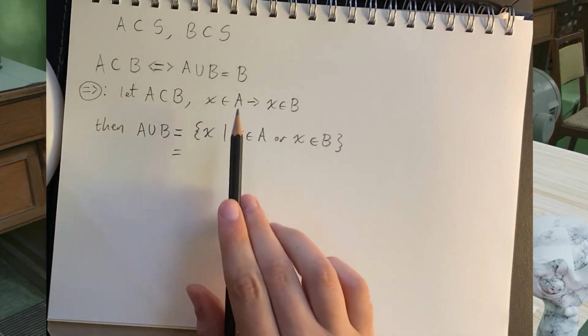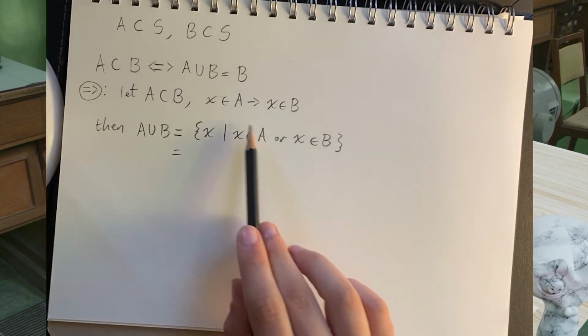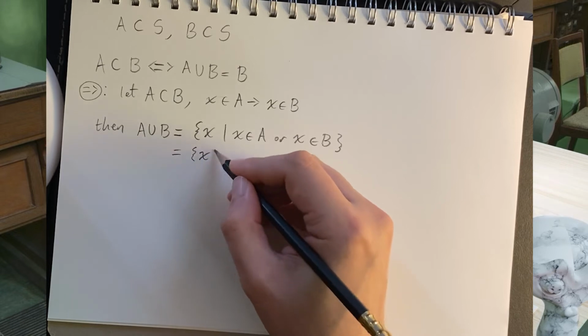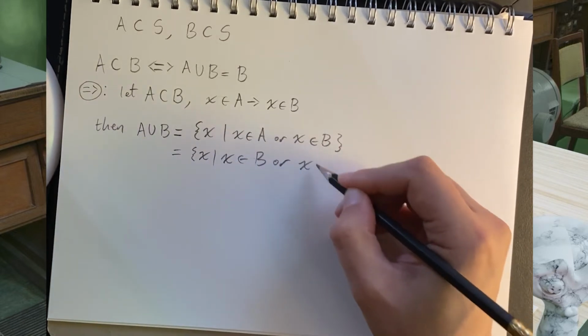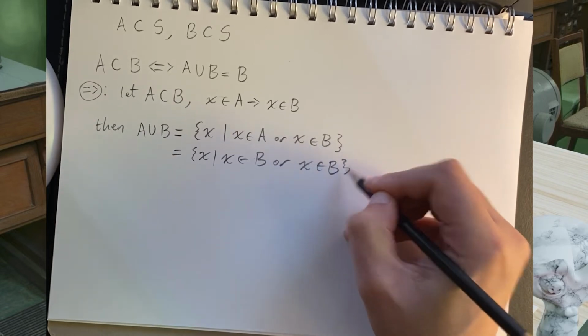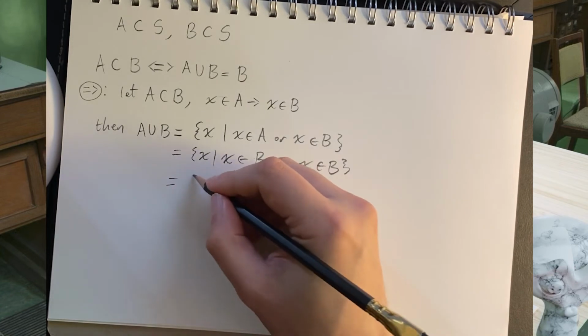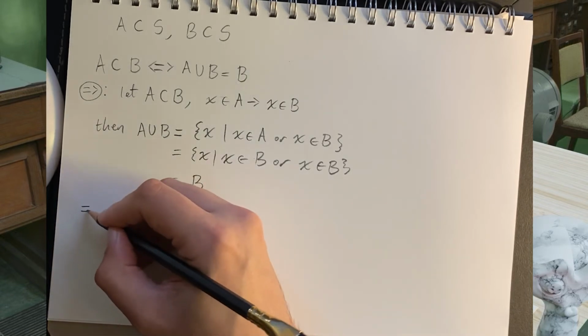But note, we have X being in A implies X is in B. So this condition here sort of reduces to X in B or X in B. And then if we have the set of points which are all in B, well, that's B. Okay. Then we'll go back and we'll prove it the other way.